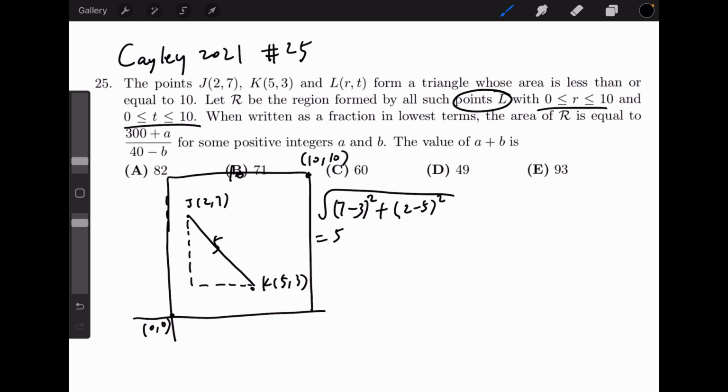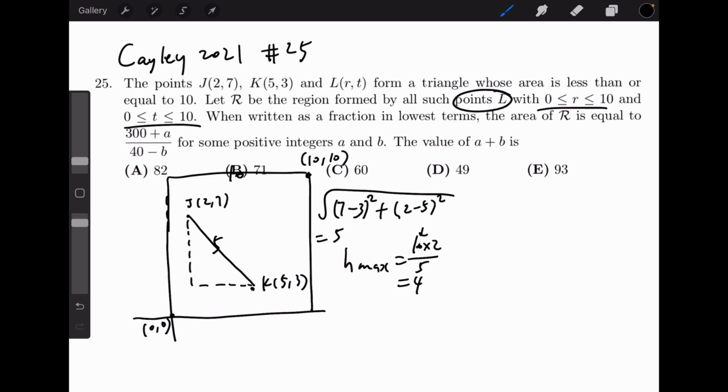So next we want to find the maximum height the triangle can have if we're using JK as the base. Using the triangle area formula, we get the maximum height by 10 times 2, where 10 is the maximum area of the triangle, over 5, which gives us 4.